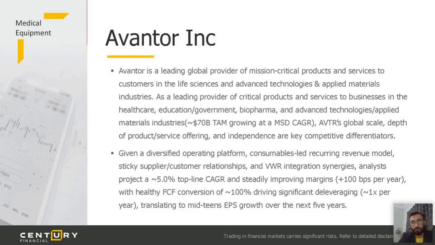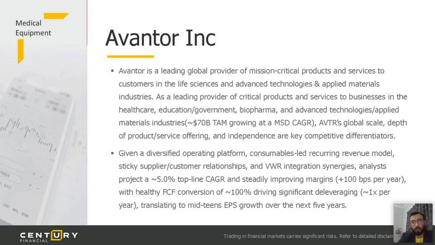Similarly, you see healthy FCF conversion of 100% driving significant deleveraging. FCF means the free cash flow. Cash flow is also one of the most important factors which you have to see when you are choosing a stock. There should be enough cash flow to support interest, to support liabilities, and to make sure that proper debt management is there.